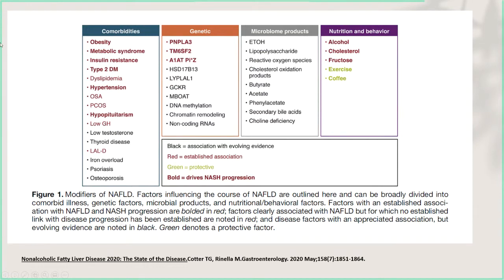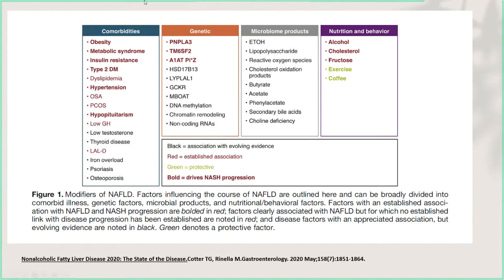basically, the thing about NAFLD and NASH is that it is a syndrome with several different components and many risk factors, modifying factors, and outcomes. So it's a whole set of complex interactions of disorders.